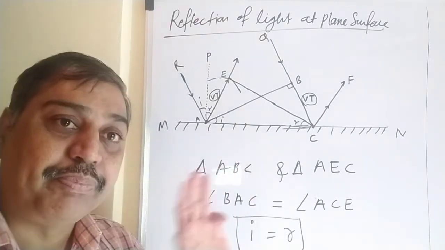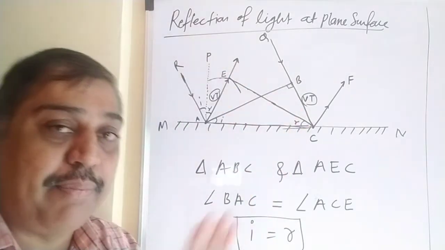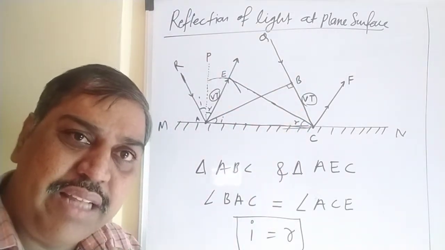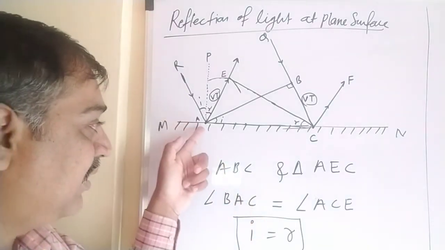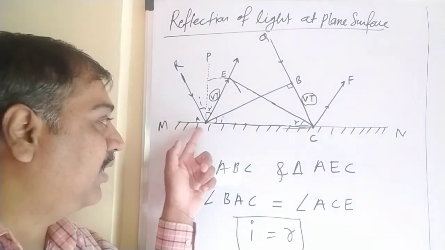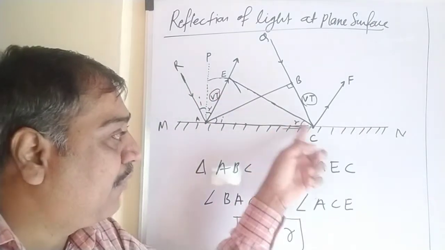Now remember what we have done: we have just explained the reflection of light at a plane surface by using Huygens principle. What is the Huygens principle? It says that when the light ray is incident on the surface, it behaves as a reflector and reflects the wave in all possible directions. And this wave we have drawn, the reflected wavefront we have drawn.